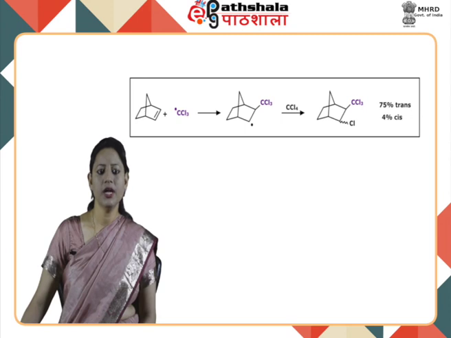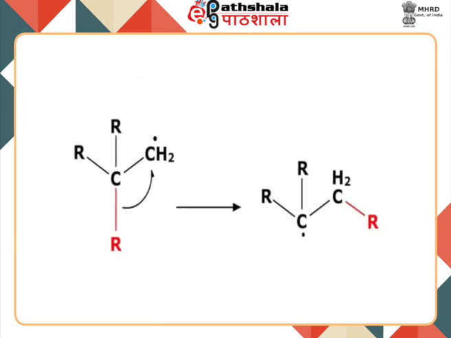That CCl3 radical can react with norbornene to form a compound with 75% trans isomer and only 4% of the cis isomer. Rearrangement reactions are another type of reaction which involve free radical formation. Free radicals may also undergo rearrangement to form a more stable radical and then the final product.